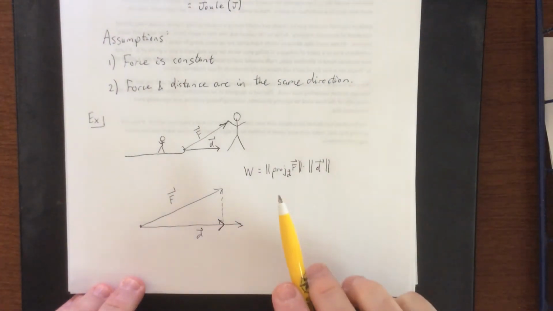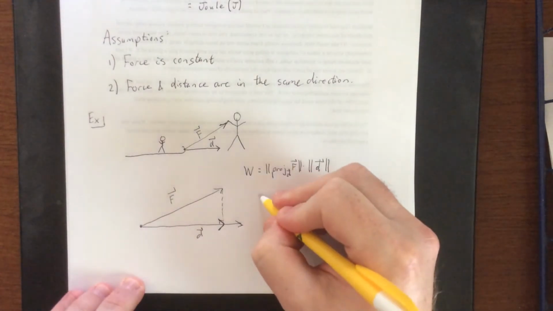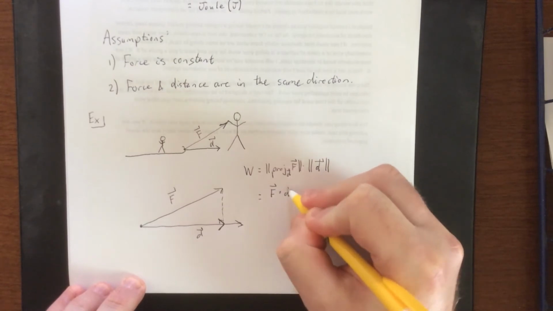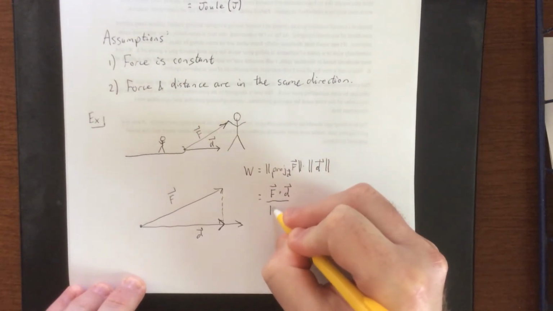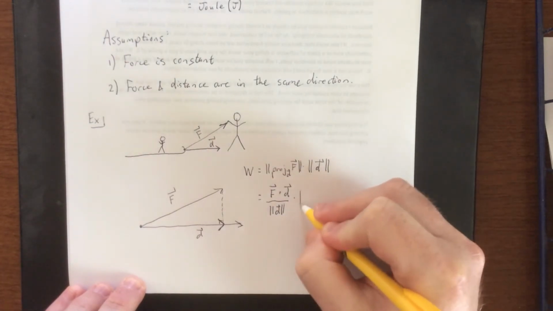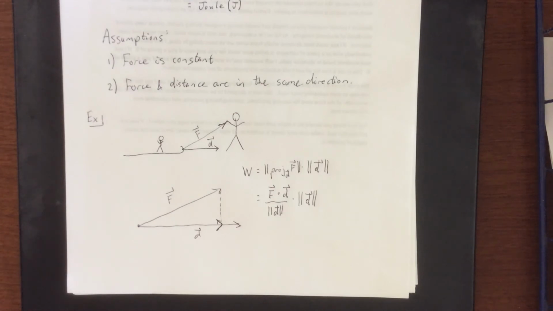Now what we're going to do is grab that formula that we had for the projection of one vector onto another, which was the force dotted with the displacement divided by the magnitude of the displacement vector. That's being multiplied by the magnitude of the displacement vector. Boy, do I have some great news there.